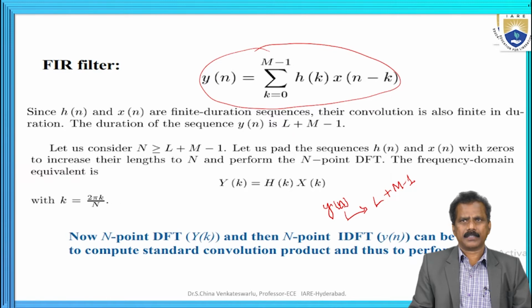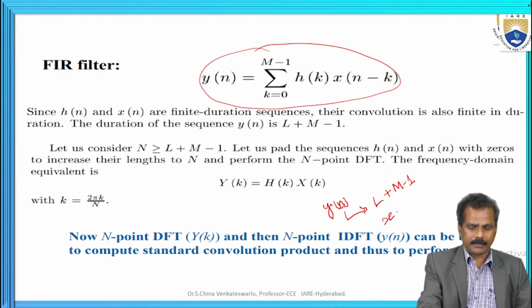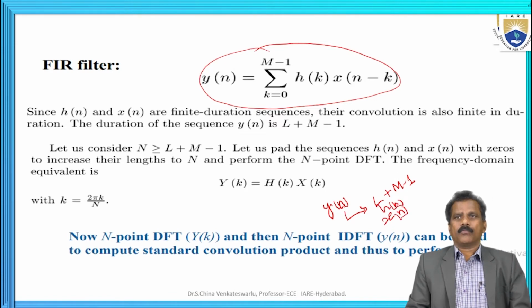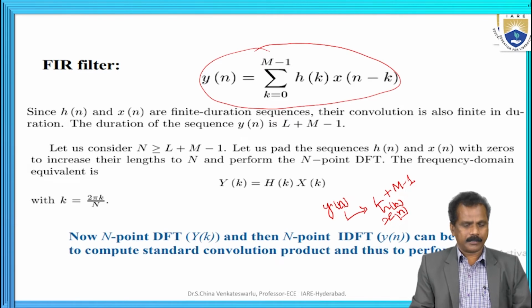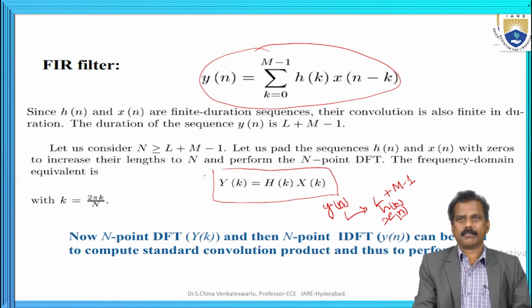Let us pad the sequences x of n and h of n with zeros to increase their length to capital N, and perform the N-point DFT, the frequency domain equivalent, where Y of k is equal to H of k into X of k.